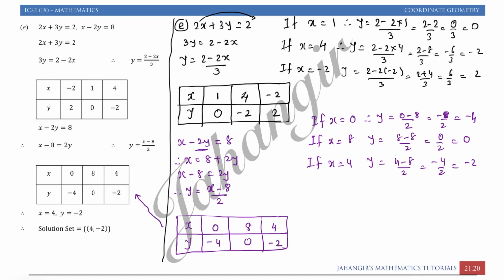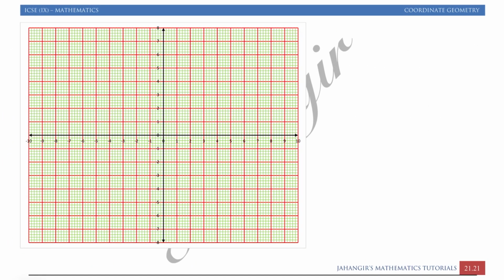Here we got the table. Now we will plot these points on the graph paper. Before plotting it, I would like to write it down over here. The first equation is 2x plus 3y is equal to 2.